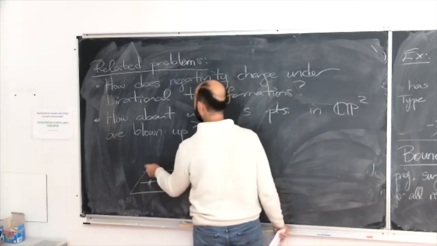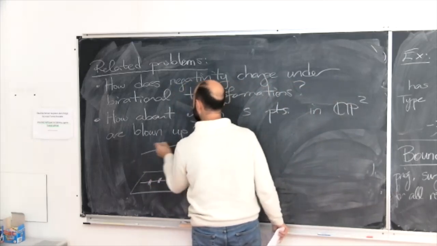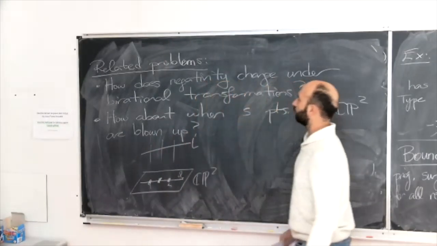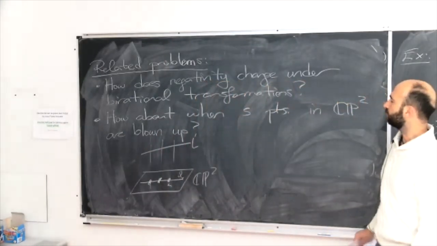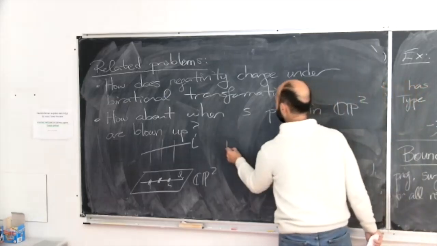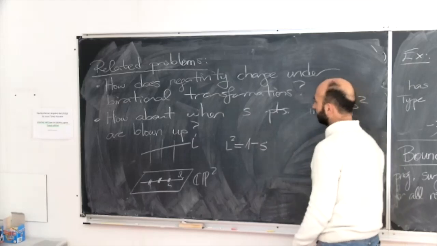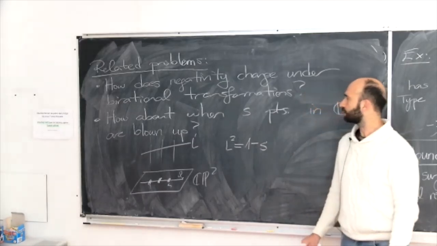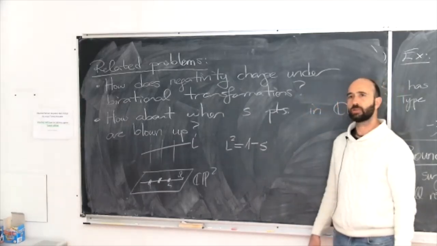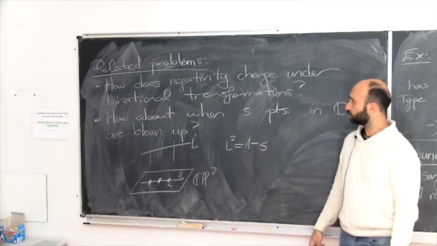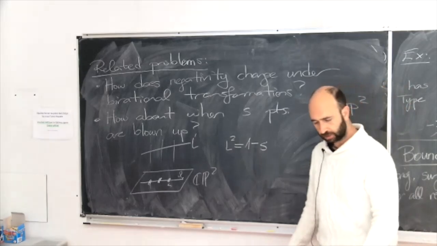Let's say this is L. You blow all of these points up, and you have a strict transform L in the blown up surface. Then it's easy to calculate that L squared is equal to 1 minus s. So it seems that if you blow up more and more points on the same line, you can get this number to be arbitrarily negative. But of course, this is a trivial example in a sense.